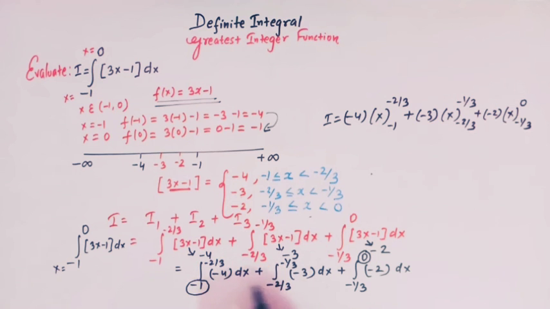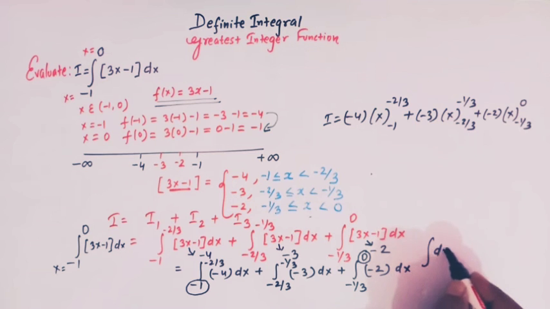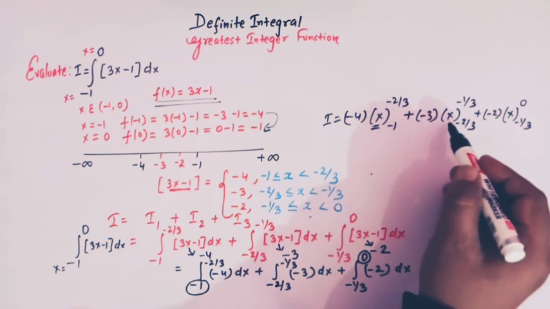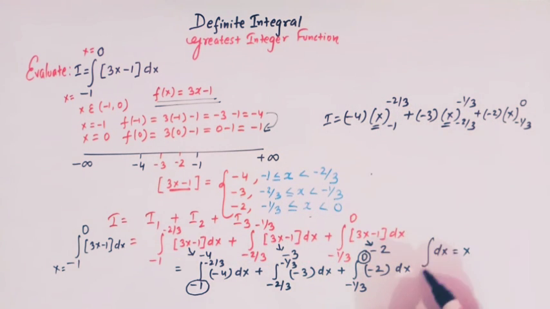So here we have used the result that the integral of dx is x, right? So in all these three integrals we have x as the value of the integral of dx, right?